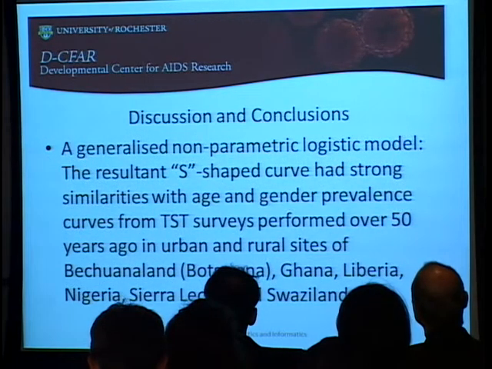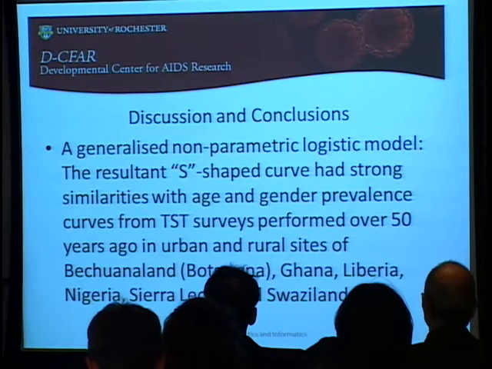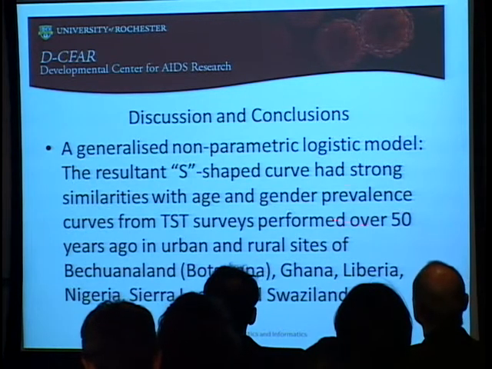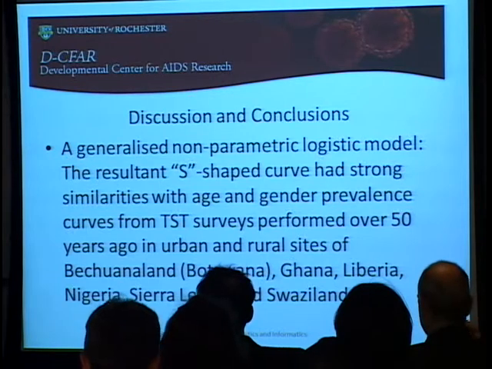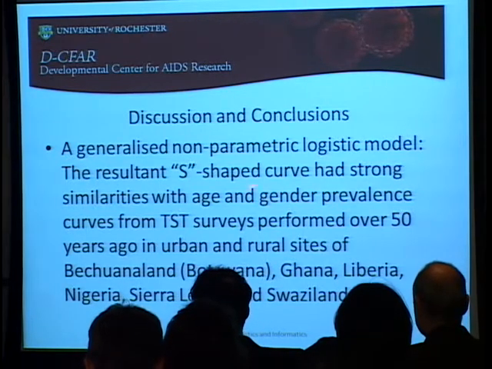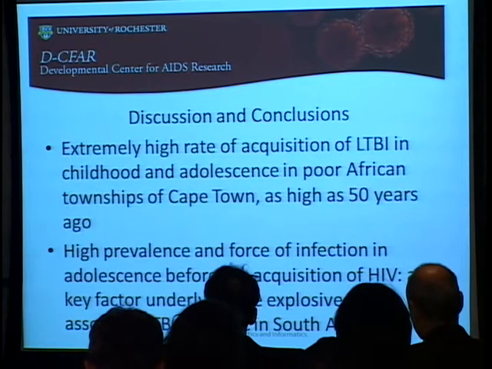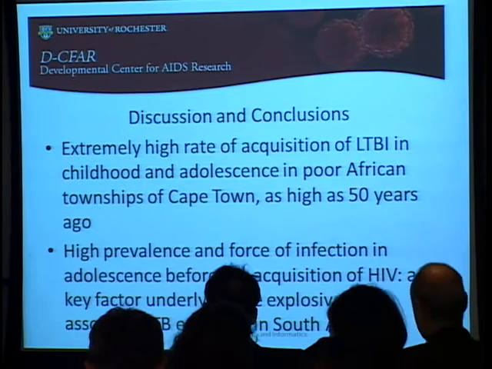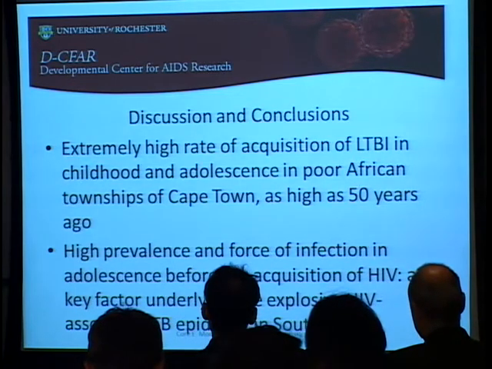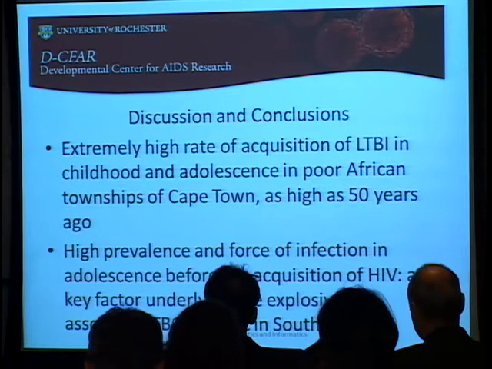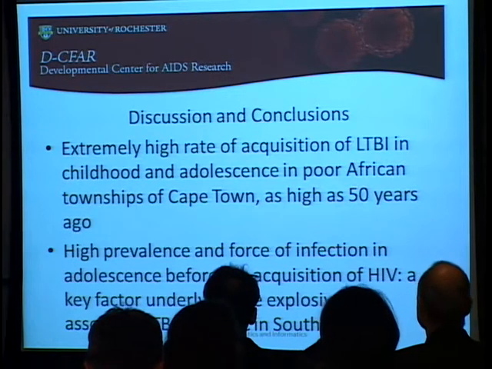So when we look at this data, compared to the survey data 50 years ago, when the medical conditions were very poor, this S-shaped curve is quite similar. I show you the trend. It's very similar, and the extremely high rate of latent TB in children was as high 50 years ago.